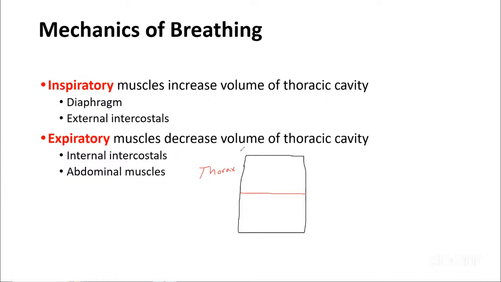That's one way we can make it bigger. The other way is by making it bigger anteroposteriorly, forward and also kind of to the side. You can put your hands on your chest and feel that too. As you breathe in, you can feel how your chest rises. That's your external intercostals, pulling those ribs up and out.